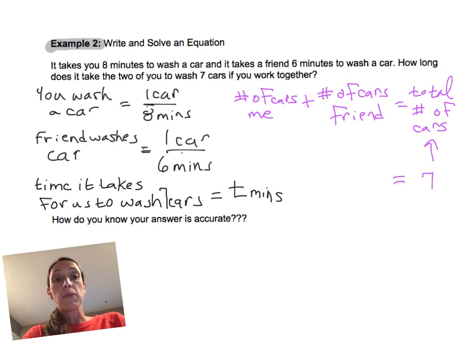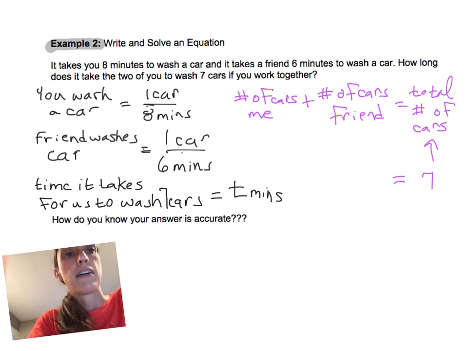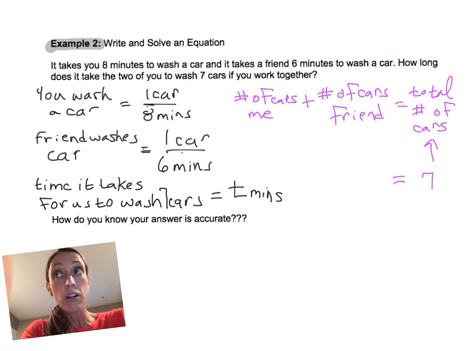And if you need to rewind the video, I'm going to reference something I talked about just a few seconds ago. I talked about how the given information wasn't just the 8 minutes. It was actually a rate. They were telling us you wash 1 car every 8 minutes. So if I had 16 minutes, I'd be washing 2 cars. If I had 24 minutes, I'd be washing 3 cars. If I had 32 minutes, I'd be washing 4 cars.